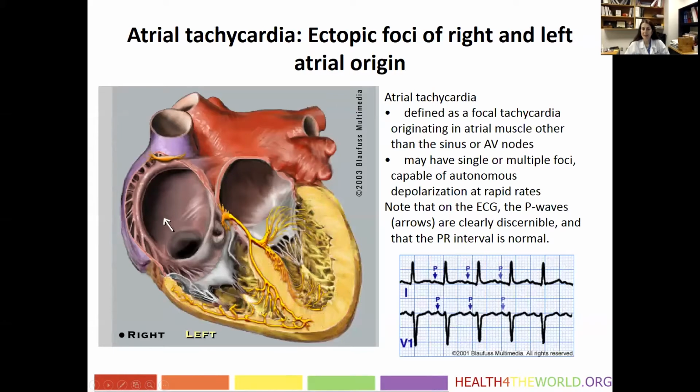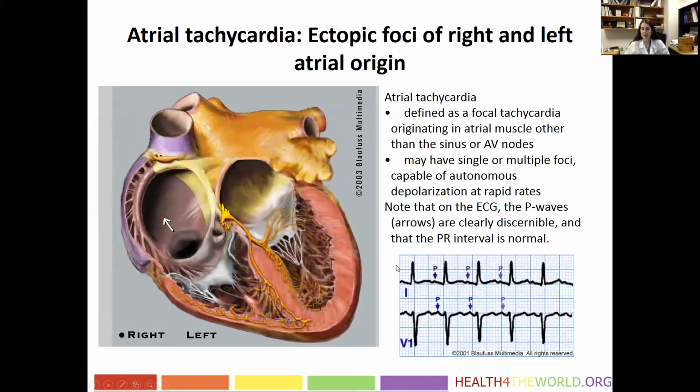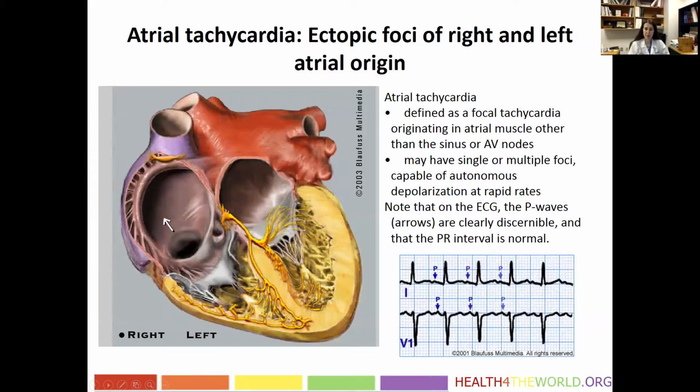So this is an example. Somewhere in the right atrium, this other focus other than the sinus node takes over and starts firing these beats, and the heart rate is as fast as the rate that this beat is firing, here about 120 beats per minute.